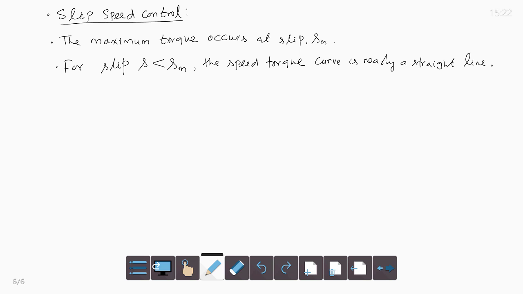For slip S less than Sm, the speed torque curve is nearly a straight line. That means the portion of the speed torque characteristics between the synchronous speed and the maximum torque point is nearly a straight line.